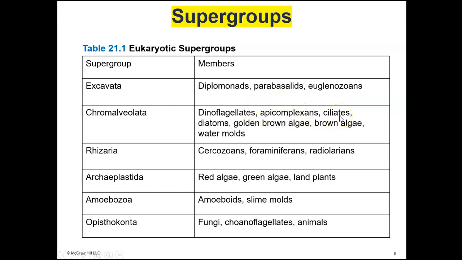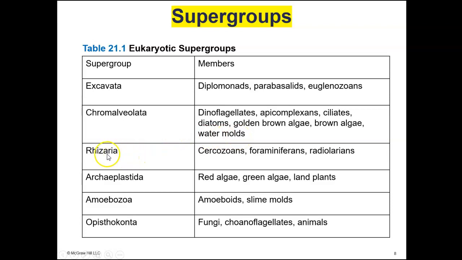And ciliates, and one of those is the paramecium that we're going to see swimming around under the microscope in lab. Now, the groups in the second and third line here are straminophiles. So they are the diatoms, golden brown algae, and water molds.